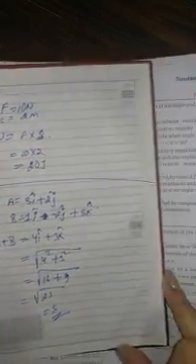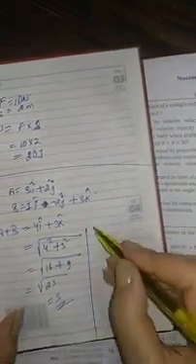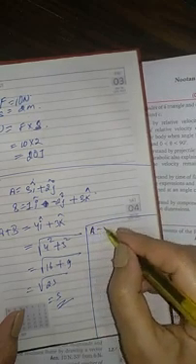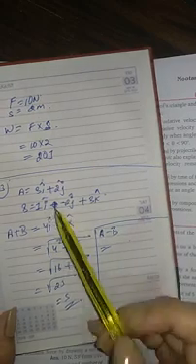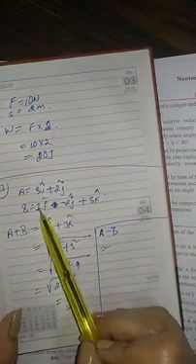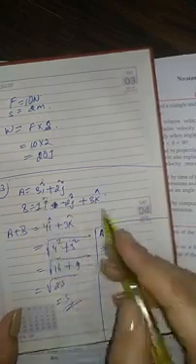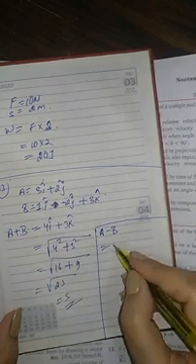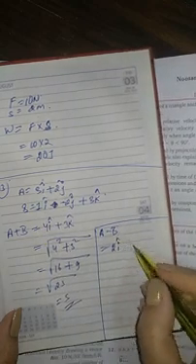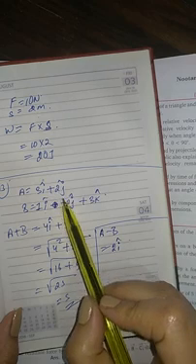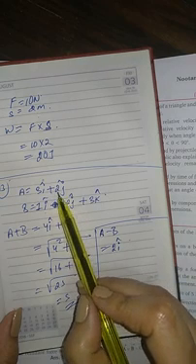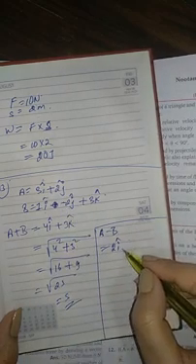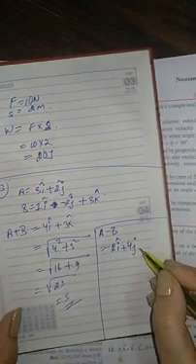Similarly, we need to find A minus B. So for A minus B, in the same number, it is A minus B. So 3 minus 1. First, for i, it will be 2i. 2 minus of minus 2 will be plus 2. So 2 plus 2 is 4j.